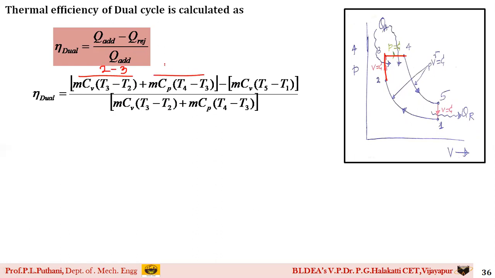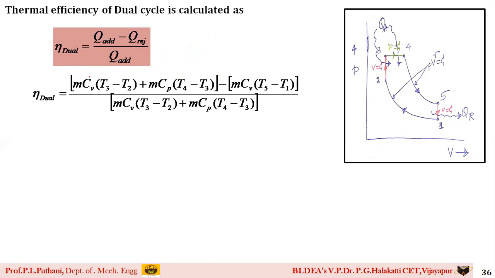This is for process 3 to 4, where the heat addition takes place. So both of them are heat addition processes. Keep this in mind. And the remaining mCV (T5 minus T1) is the heat rejection process, which you have seen here.